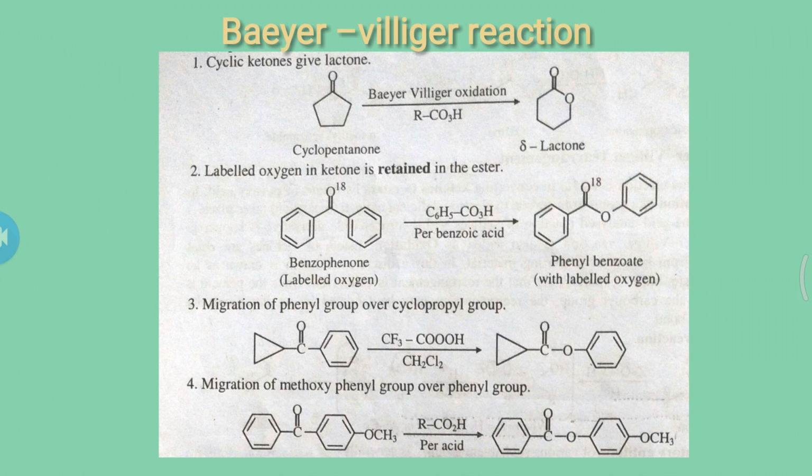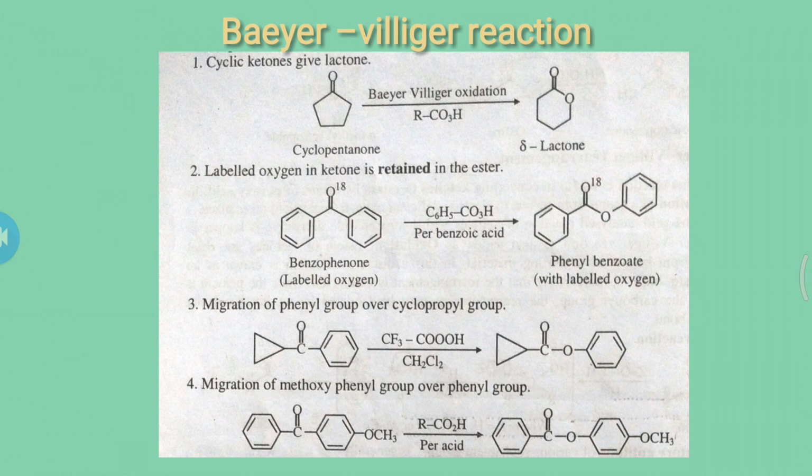So the third example, migration of phenyl group over cyclopropyl group. In this third reaction, phenyl has more migratory aptitude than the cyclopropyl group.